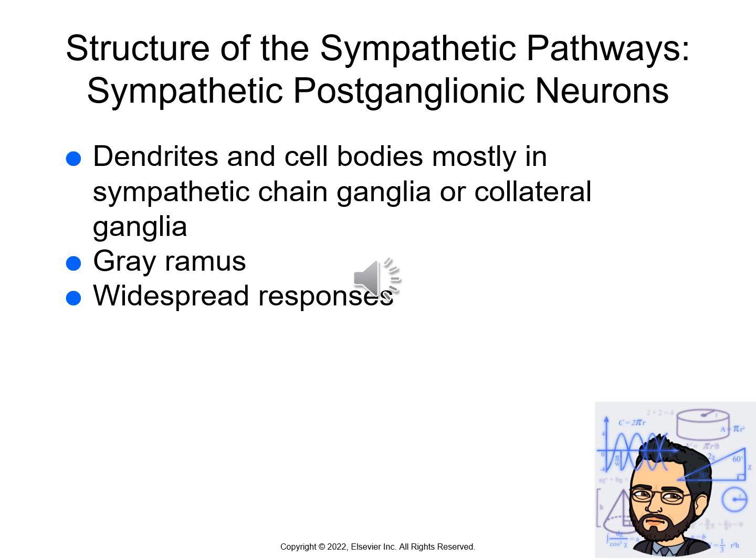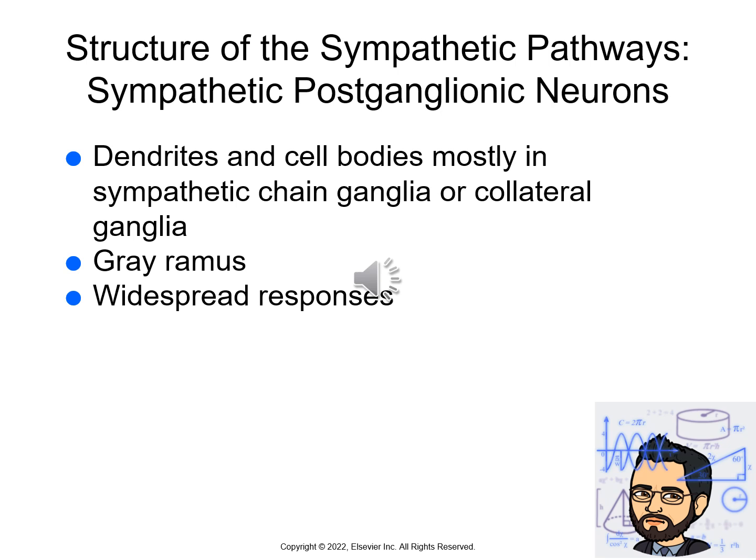So the sympathetic chain ganglia are located on either side of the spinal cord. It kind of looks like the pull chain on a ceiling fan, or one of those light ceiling fans, the chain part. So the collateral ganglia, they're found anterior to the vertebral column near the abdominal aorta.